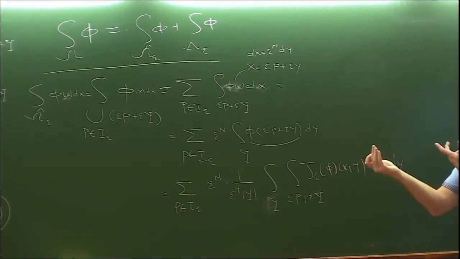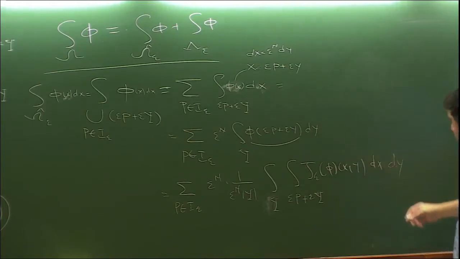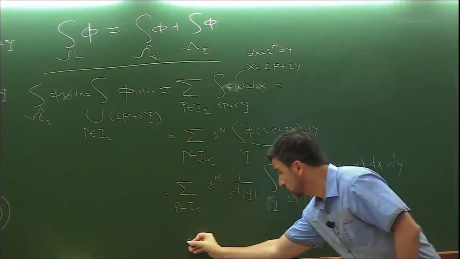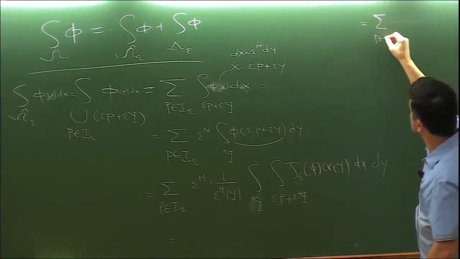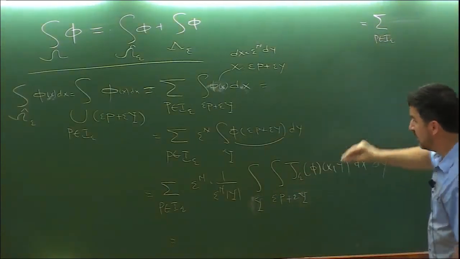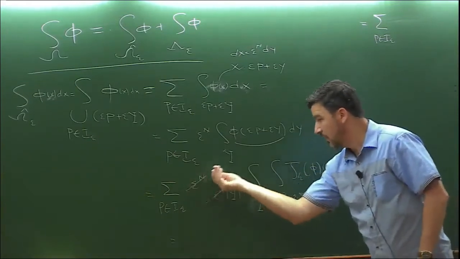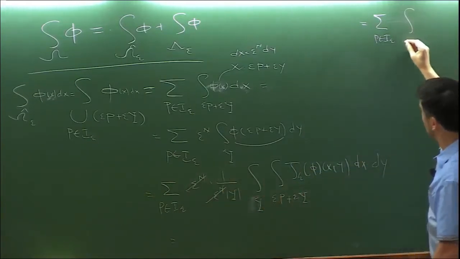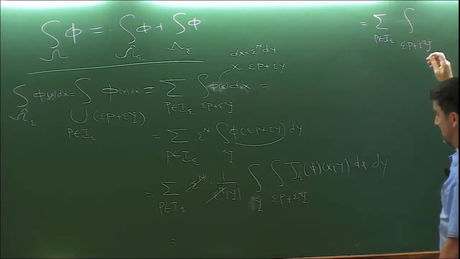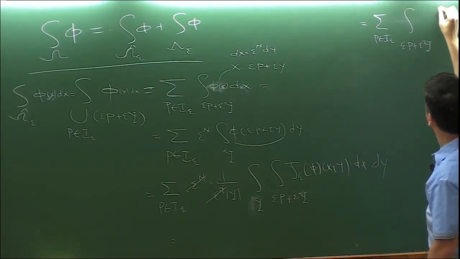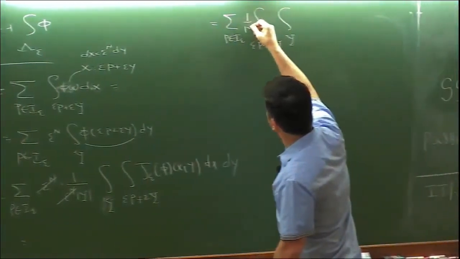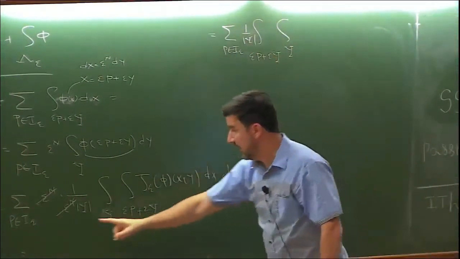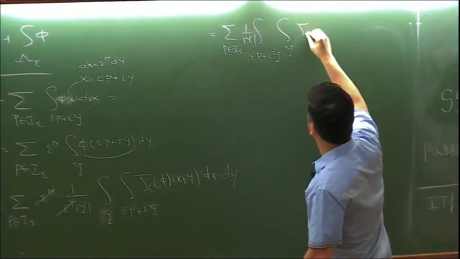Now I switch the order of integration. Here I have a cancellation. I keep the 1 over measure of Y, and I get this.